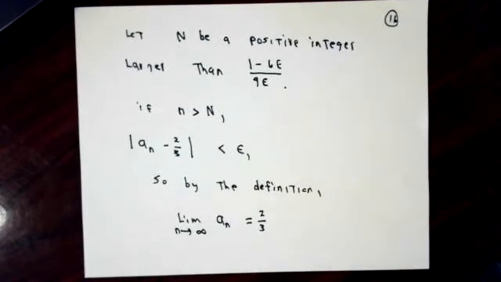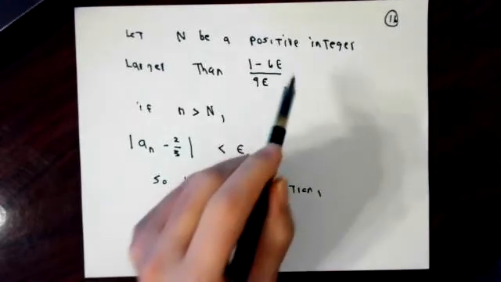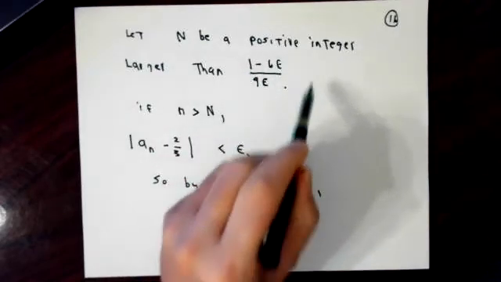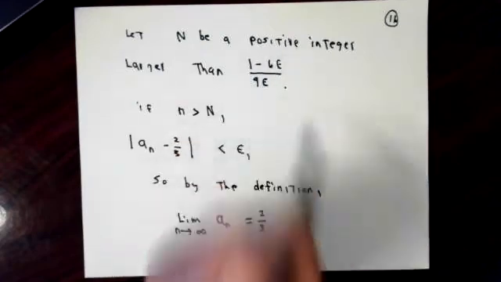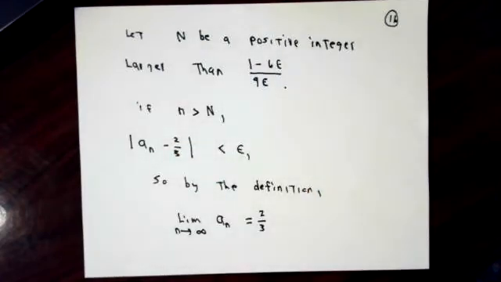So we've actually manufactured the capital N. Let capital N be any positive number that's bigger than that, and you're in business. This says, by the definition, the limit as n tends to infinity of a sub n is 2/3.